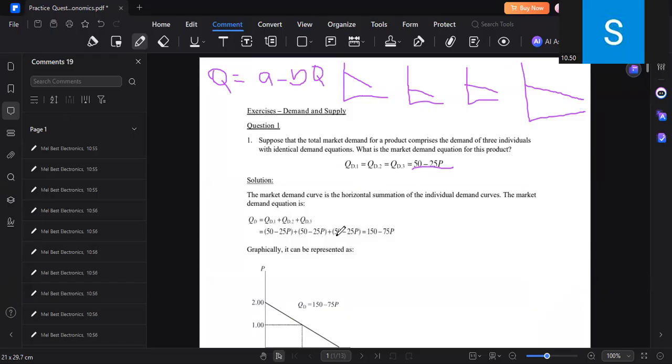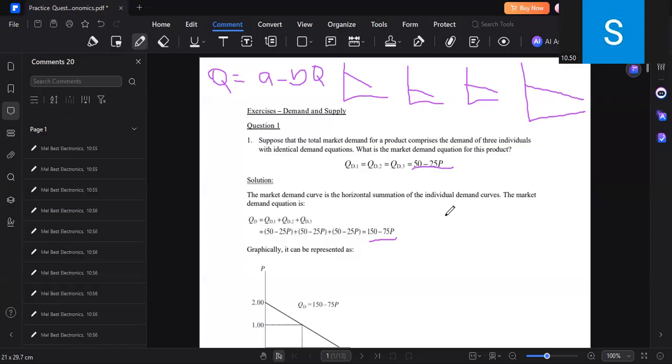All right, so each of these is equal to 50 minus 25p, so we're simply adding: 50 minus 25p for consumer 1, plus 50 minus 25p for consumer 2, plus 50 minus 25p for consumer 3. Together, this gives our aggregate demand, which is 150 minus 75p. Simply multiplying by 3, 50 times 3 is 150, and 25 times 3 is 75. So this is giving us our aggregate demand.